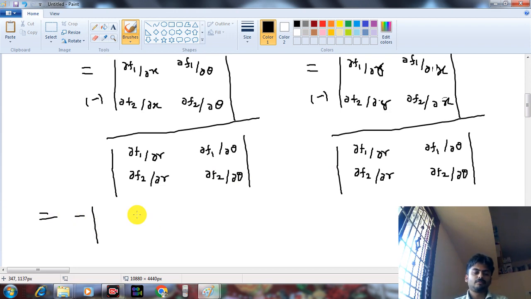Our f1 is equal to x minus r square plus theta square minus 0. What will happen with respect to x? When I am differentiating f with respect to x, both r and theta terms, minus r square plus theta square, will become 0. So the only thing is I will get plus 1.